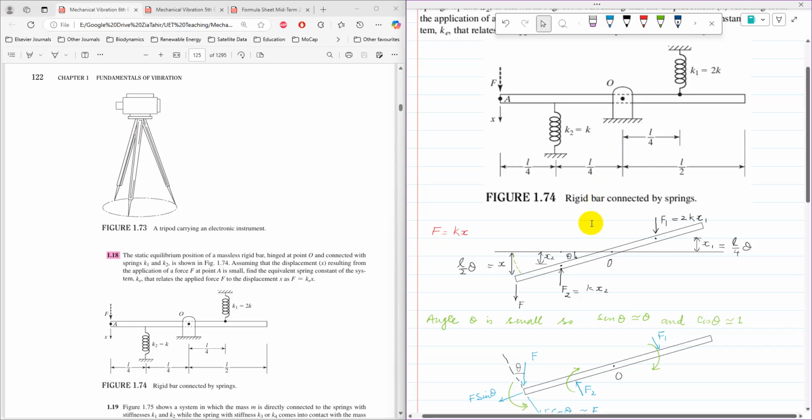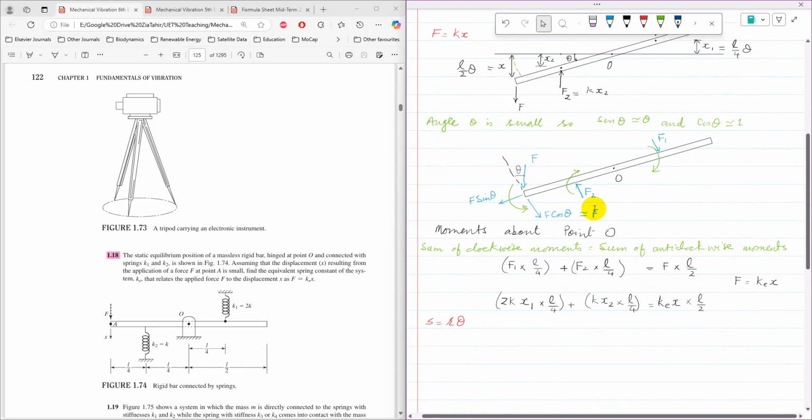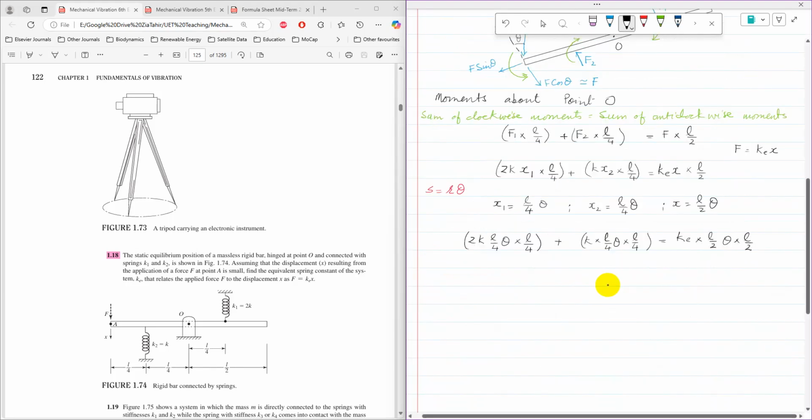After substituting these values into the equation, substituting the values of x1, x2 and x, the left hand side and right hand side are written in terms of L and theta.